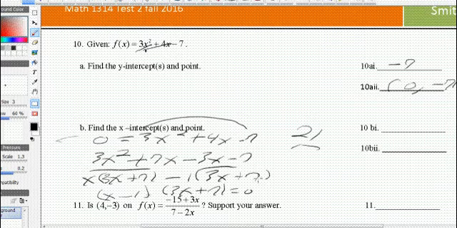Set both pieces equal to 0, which gives me x equals 1 and x equals minus 7 over 3.